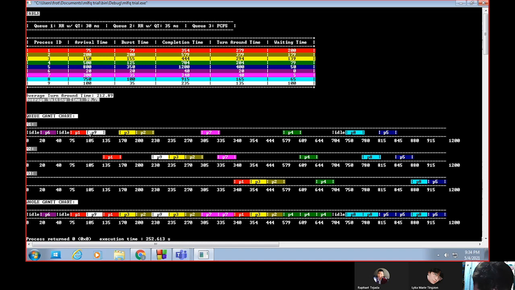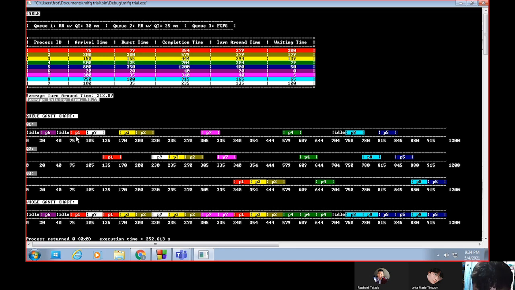In the multi-level feedback queue, a process goes first into Q1, and if it has remaining time, it goes into Q2, and if it has remaining time again, it goes into Q3. Processes in Q1 are prioritized and done before the processes in Q2 and Q3.